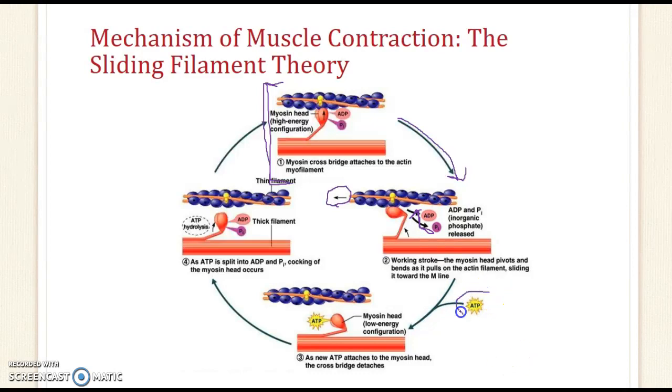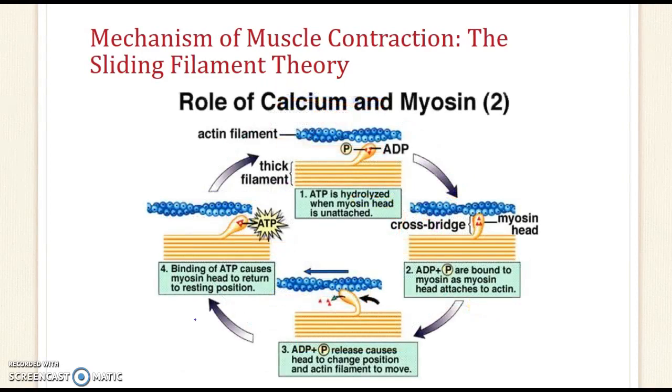Once a new ATP molecule comes and binds to the myosin head, it will detach from the actin molecule. The myosin then uses that ATP, breaking it down into ADP and inorganic phosphate so that it can attach again to your actin filament. And this keeps going until we no longer want to move the actin filaments closer together.